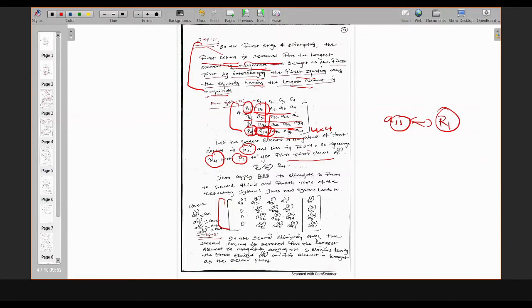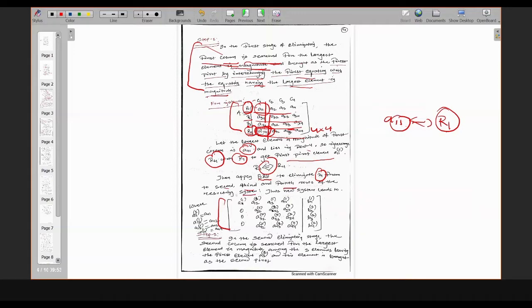After doing this, you can see this is the interchange notation. Then apply elementary row operations to eliminate x1. Once you interchange the elements, you can proceed to apply elementary row operations to eliminate x1 from the second, third, and fourth rows of the resulting system.